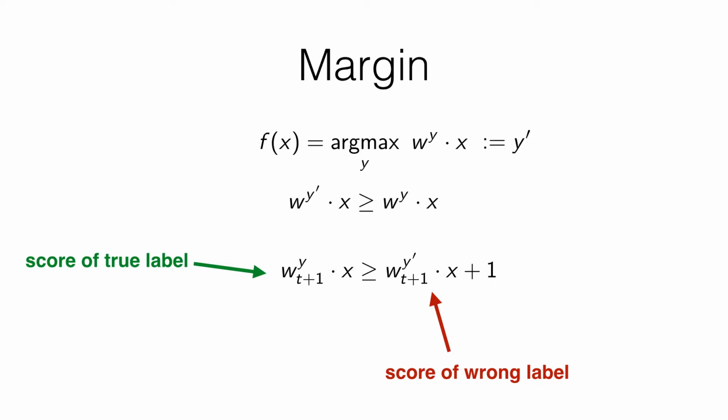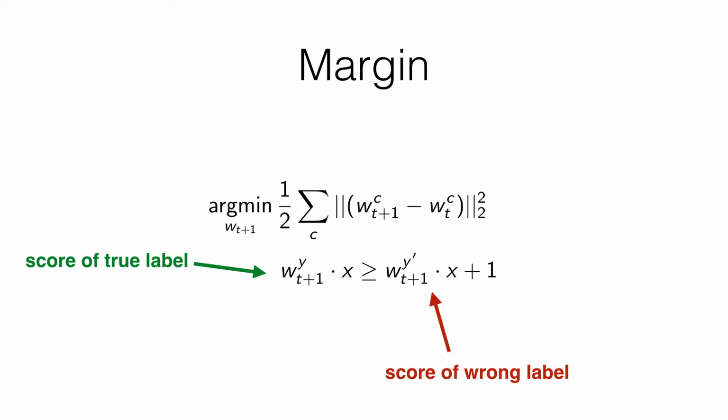Once you have this inequality that I wrote down here, there are a lot of options. There are lots of W's that can satisfy it. So we're going to pick the one that's closest to the previous W, so that we make the minimal amount of change to W, and that is written down this way.